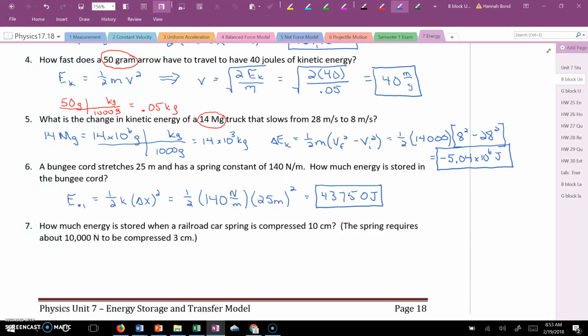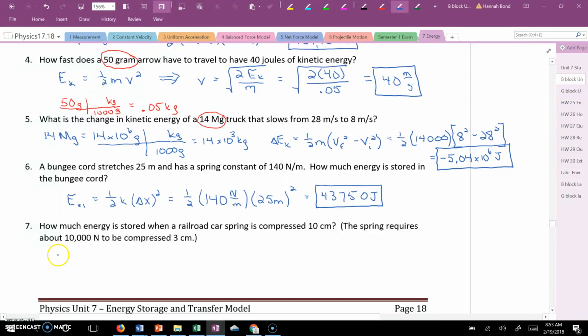Another example is number 7 here, where we have a railroad car spring. And they don't give us a spring constant, but they do tell us that the spring requires 10,000 newtons of force to be applied to compress it 3 centimeters.